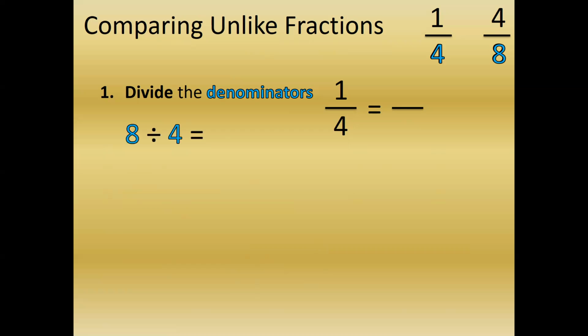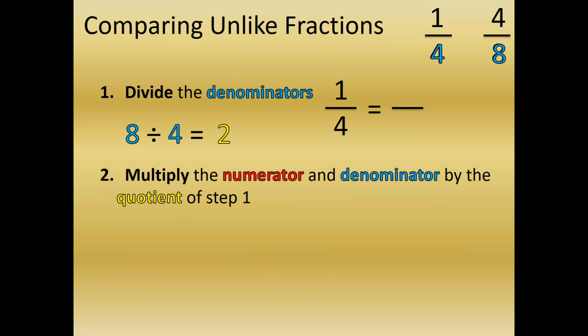So 8 divided by 4 is equal to 2. Then we have to multiply the numerator of our smaller fraction, which is 1, and the denominator of that same fraction by the quotient of step number 1.